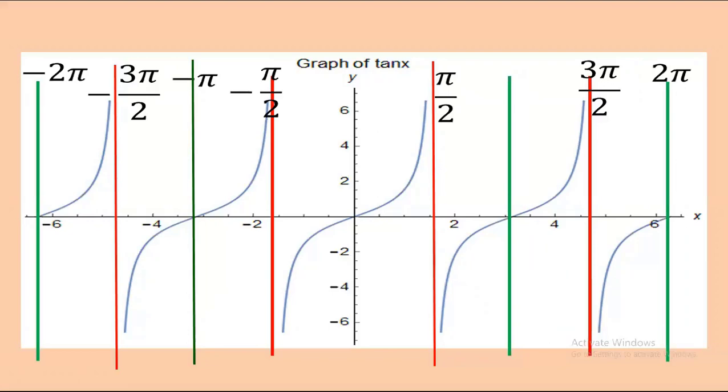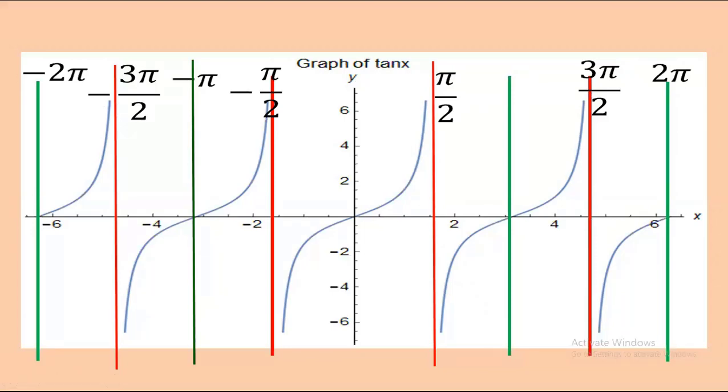So what to do to find the domain? To find the domain, we have to subtract all these points. That is, from the set of all real numbers, we have to remove pi by 2, 3 pi by 2, minus pi by 2, minus 3 pi by 2. That is, odd multiples of pi by 2.